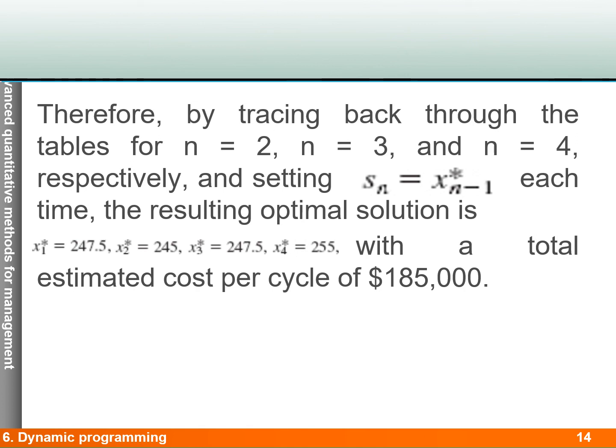Finally, as I told you, by tracking back through the tables for n equal to 2, 3, and 4, and setting Sn equal to Xn star minus 1, each time the resulting optimal solution can be found.